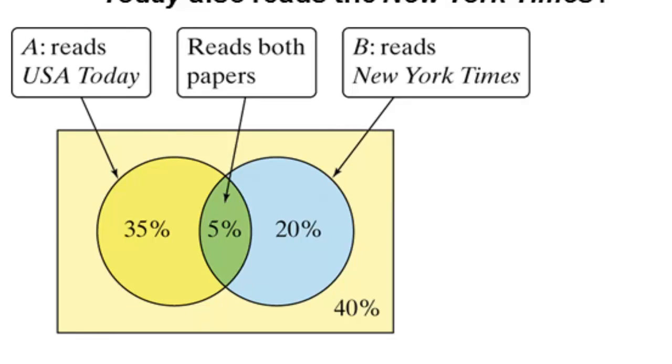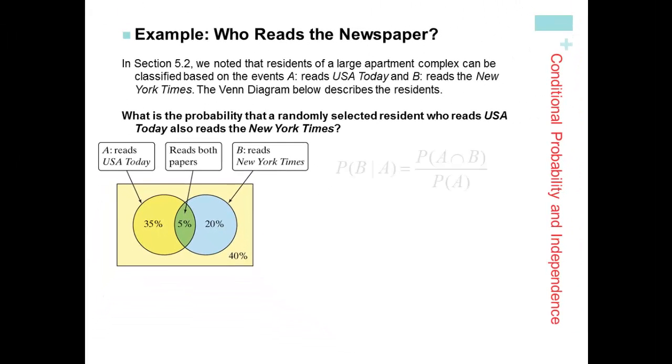What I want to do with this Venn diagram is determine the probability that a randomly selected resident who reads the USA Today also reads the New York Times. This is a conditional probability. Based on the condition that the resident reads the USA Today, in which case there are 40% of those, I want to determine how many people also read the New York Times.